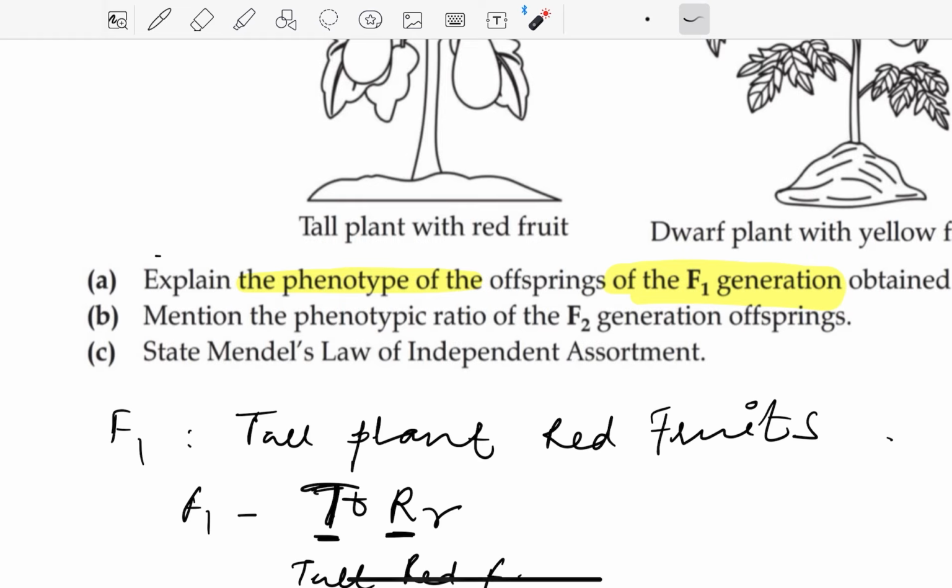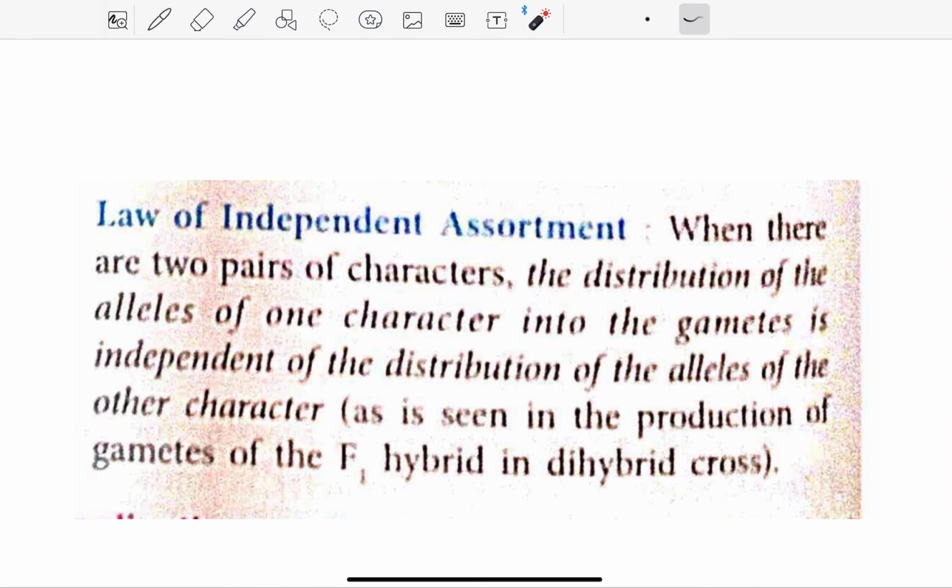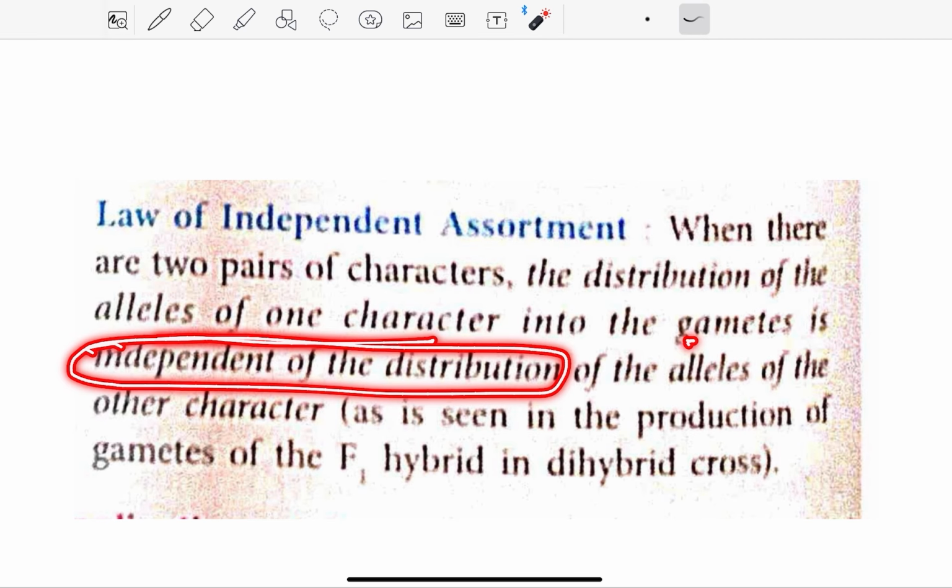So when they are saying state Mendel's law of independent assortment, which is the third law, you have to simply mention it. The law of independent assortment is: when there are two pairs of characters, which means a dihybrid cross, the distribution of the alleles of one character into the gamete is independent of the distribution of the alleles of the other character.